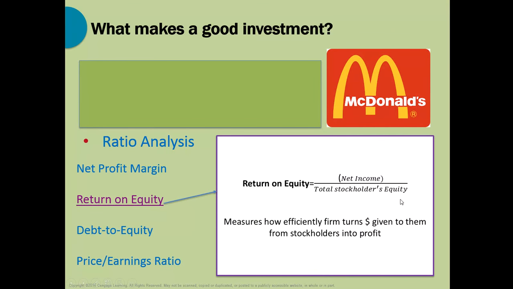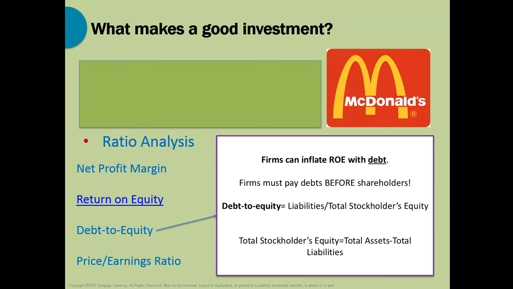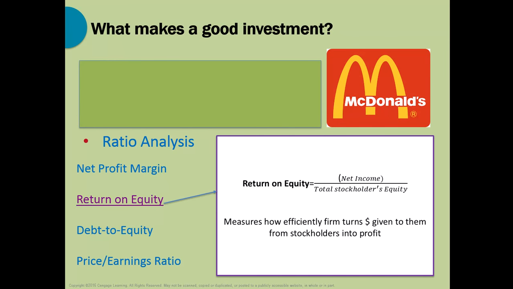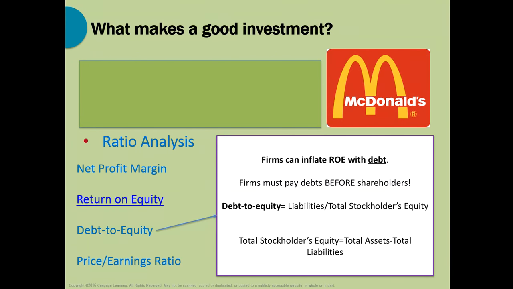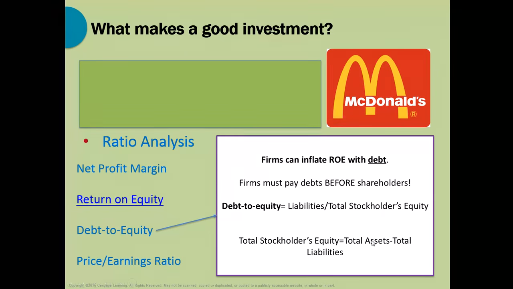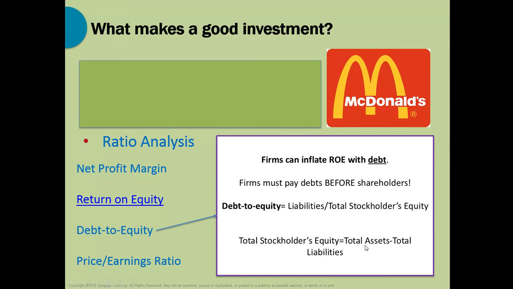It's important that the stockholder or the investor looks at the debt to equity ratio alongside the return on equity. The reason is that total stockholders' equity is total assets minus total liabilities. Whatever assets the firm buys, it pays for by either borrowing or taking money from investors.